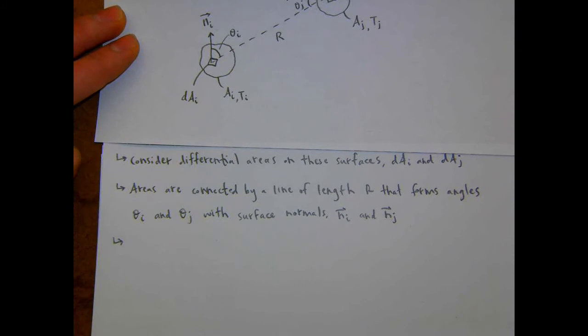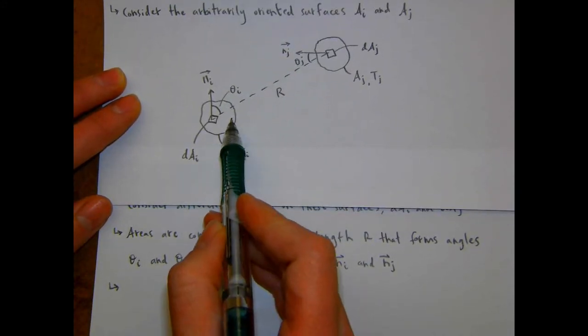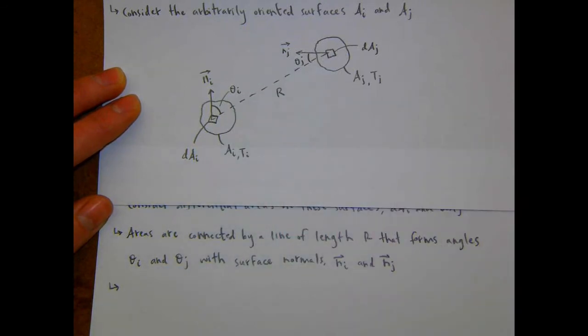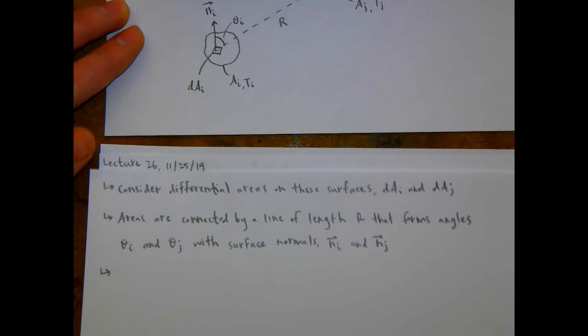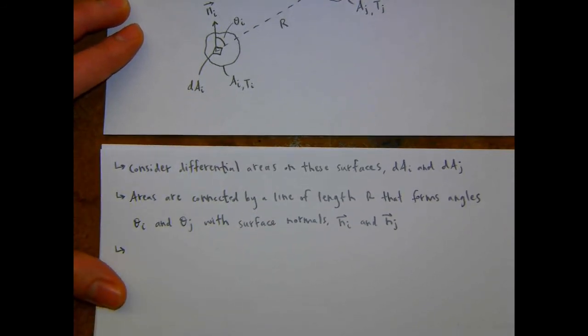The specific values of r, theta i, and theta j depend on the exact position of the differential area. If you were considering the differential area over here rather than over here, for example, the specific values of r, theta i, and theta j would change depending on the exact location on the surface.